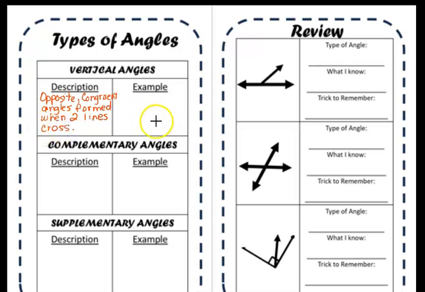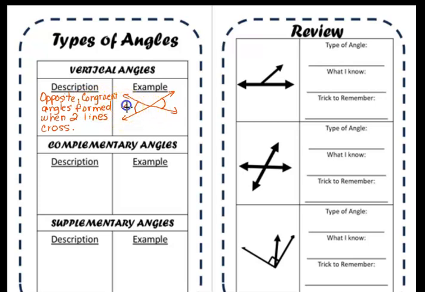So let's see what that means. When we have two lines and they cross, we'll pretend like that one's straight. What we get is vertical angles. These two opposite angles are congruent or equal. Congruent means equal.